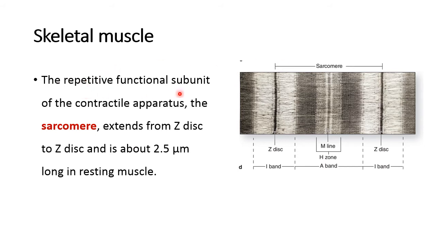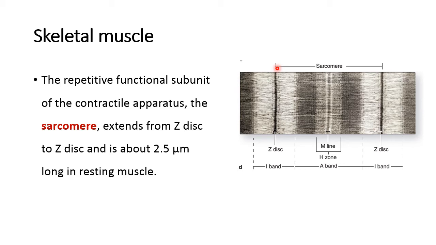The repetitive functional subunit of the contractile apparatus, the sarcomere, extends from Z disk to Z disk. The part from this Z disk to the next Z disk, from here to here, is called the sarcomere.